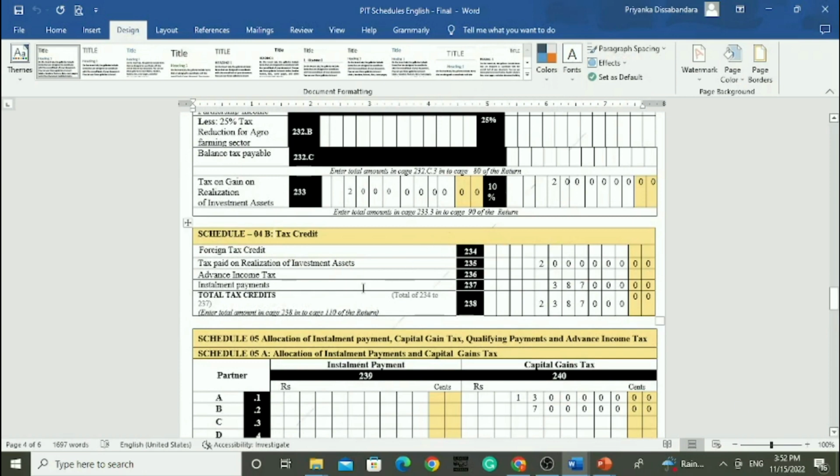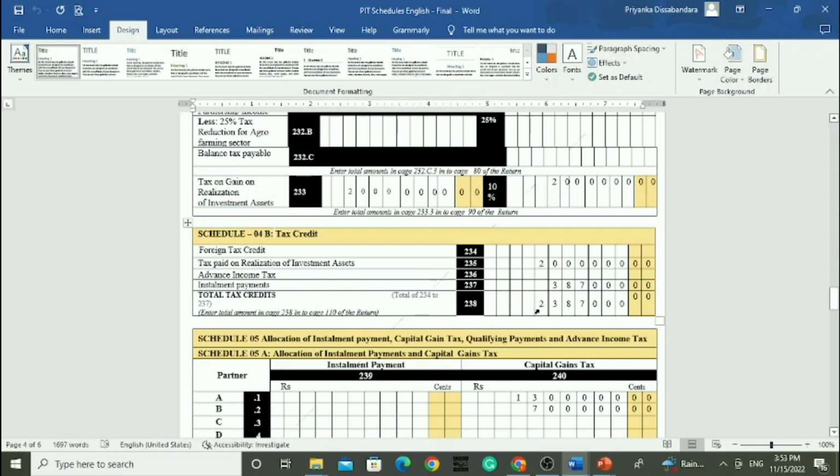Now we are going to allow tax credits. In this example, the partnership paid 2 million as capital gain tax. We have entered that amount under 235 KG, that is 2 million. In addition to that, they have made installment payments, that is 287,000. We have to add this 287,000 to the 2 million.